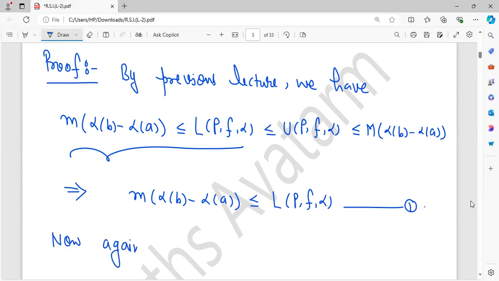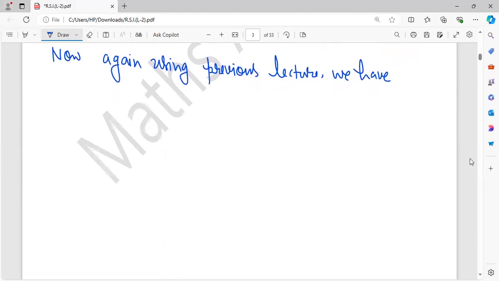Again using the previous lecture, we have m(α(b) − α(a)) less than or equal to L(Q, f, α), because Q is also a partition, so this will hold.